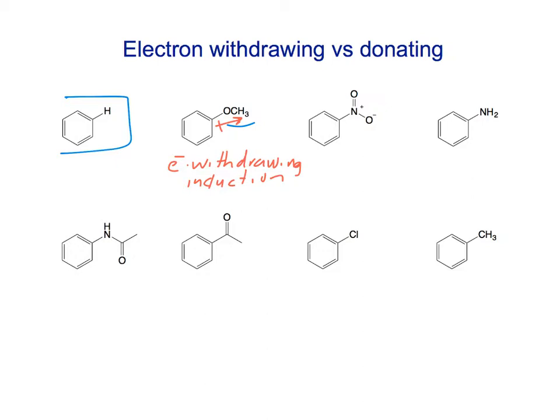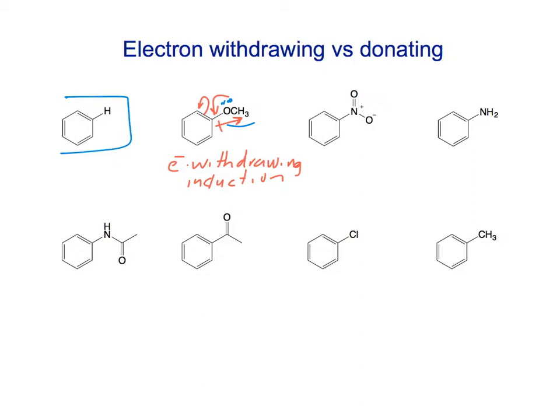Is that the only thing that methoxy group can do? Yeah, it also has two non-bonding pairs of electrons, and these electrons can be donated into the ring. Okay, so this is an electron donating effect.